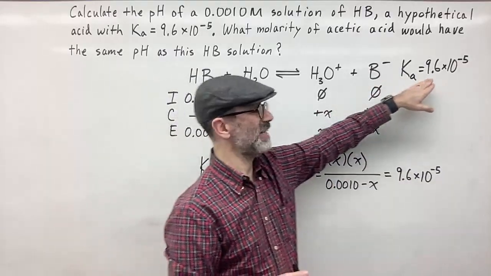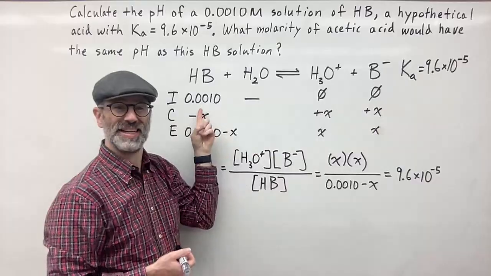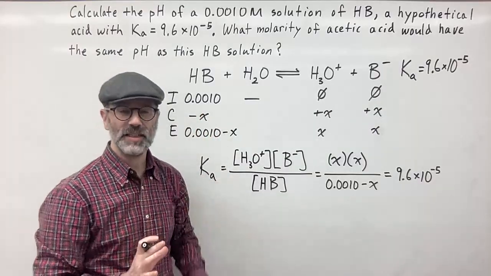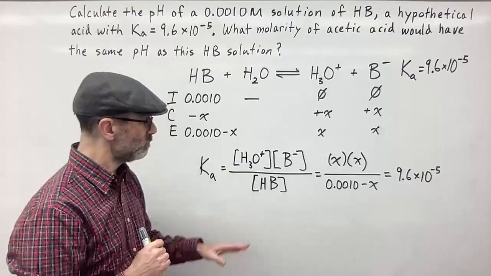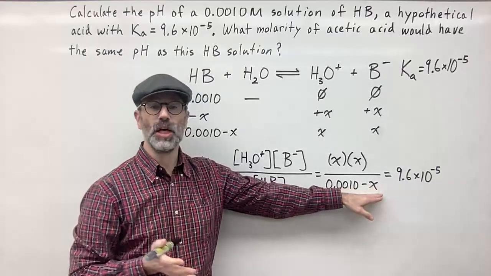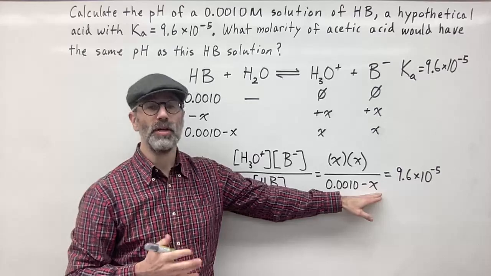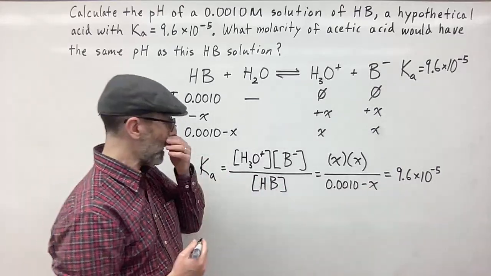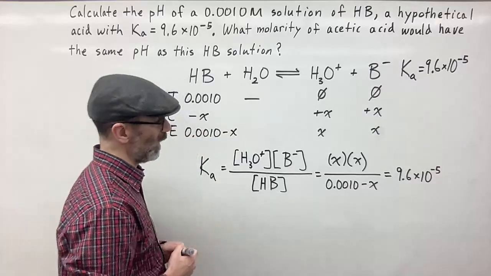So 1 times 10 to the negative 4 here, 1 times 10 to the negative 3 here. That's about a factor of 10. That's highly unlikely that this assumption of X being negligible will hold. But let's go ahead and look just to verify that's the case, but that's what I think.